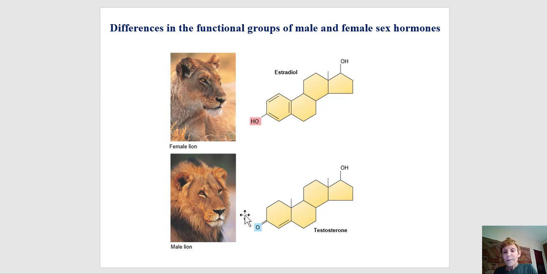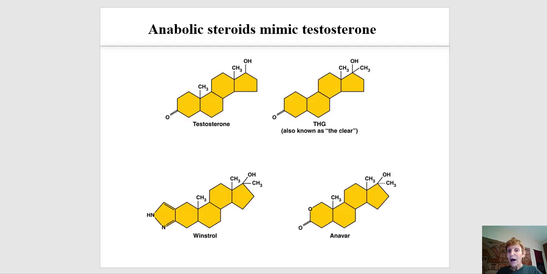And some people will take synthetic forms of testosterone that mimic testosterone to get bigger muscles, and those are called anabolic steroids. Anabolic meaning build up steroids, and they build up muscles. They mimic testosterone.